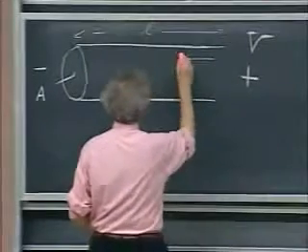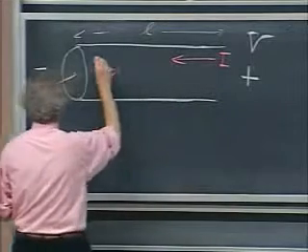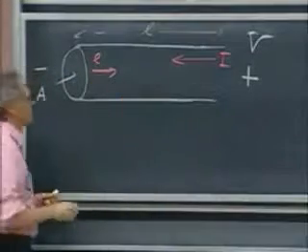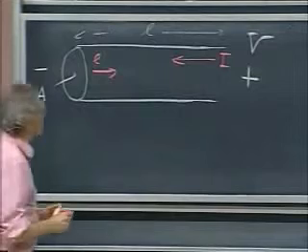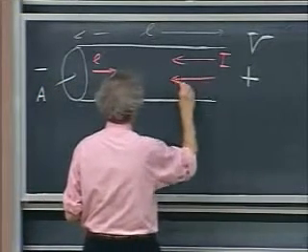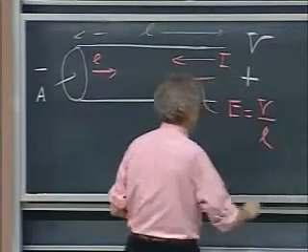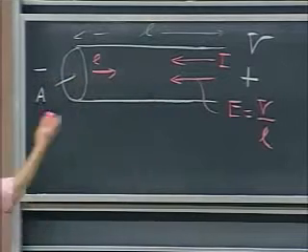That's our definition of current, going from plus to minus. The electrons, of course, are moving in this direction with the drift velocity. And so the electric field in here, which is in this direction, is approximately V divided by L, potential difference divided by distance.